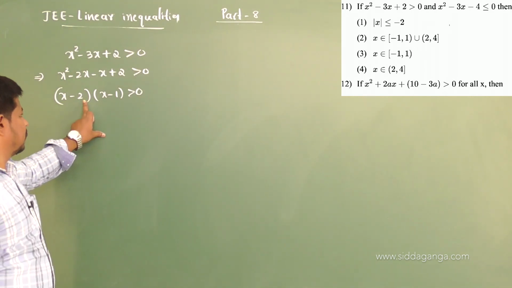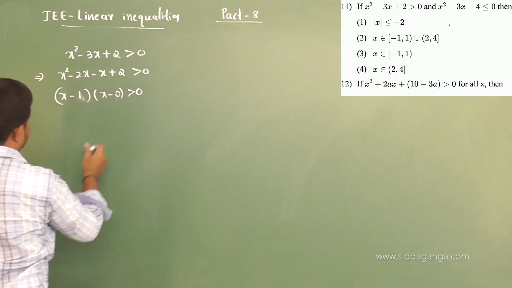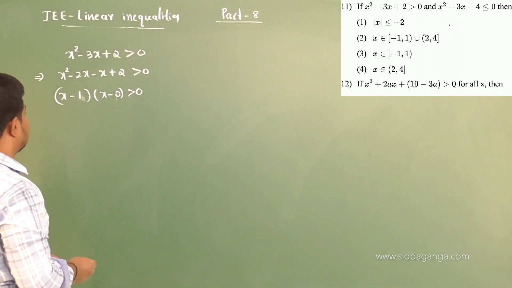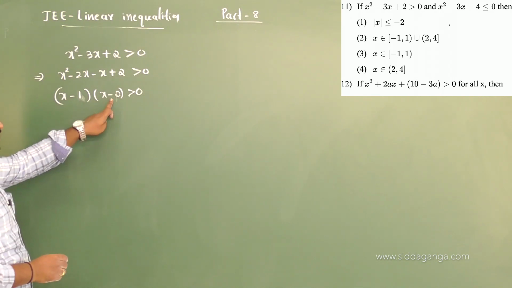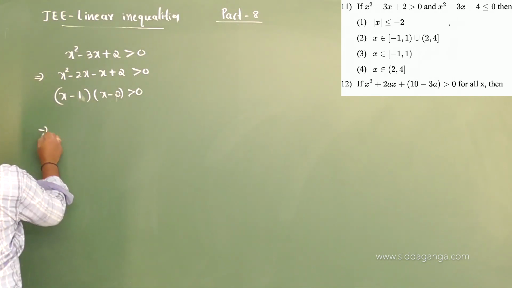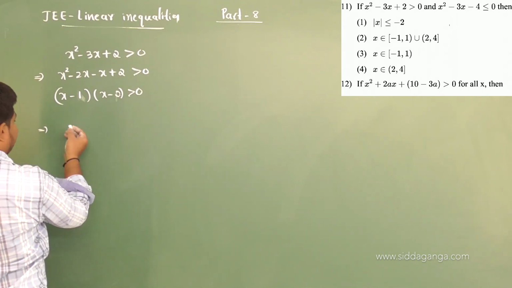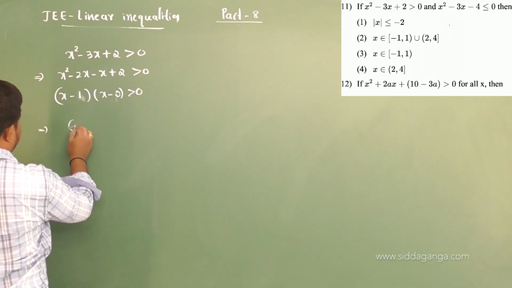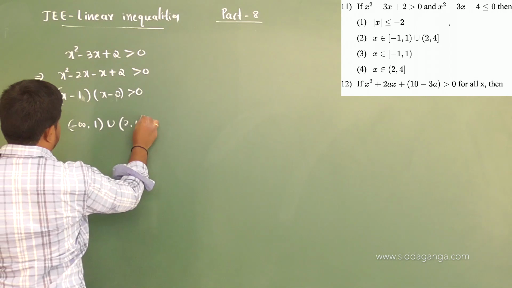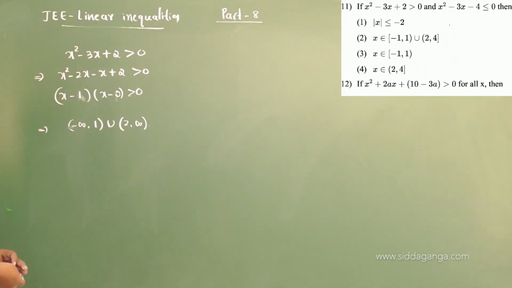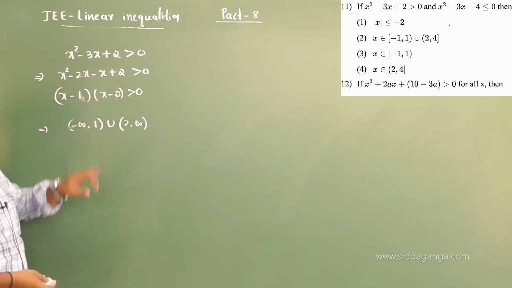So this gives x minus 1 into x minus 2 greater than 0. Using the result, x minus a into x minus b greater than 0 is true only for the values from minus infinity to 1 union 2 to infinity. So minus infinity to a union b to infinity. That's the solution set of this.